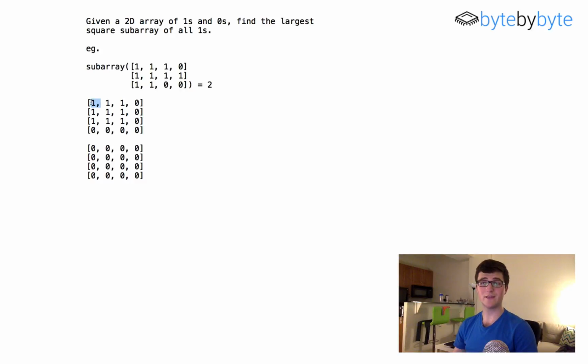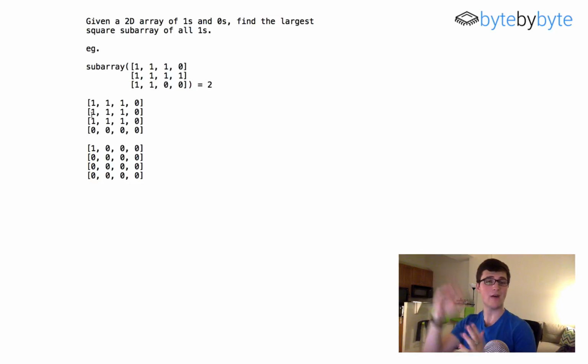But let's look at, first of all, the top left-hand corner. If we consider this to be the bottom right-hand corner of a submatrix, then the largest possible submatrix is of size 1. Because it's in the upper left-hand corner, there's no possible way that there can be any cells to the left or above it that would make it part of a larger subarray. So that's going to be 1, and the same is going to be true for any cell on the left-hand side or along the top, because we're looking at the bottom right-hand corner.